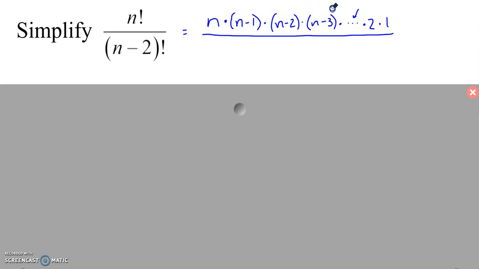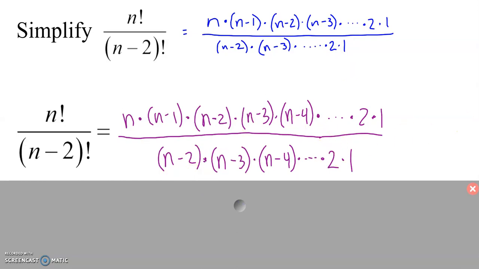But this is the general way that you write this out. And then you have to do the same thing on the bottom. For this one I start with n minus 2, and then the next number I multiply by is 1 less than that, which would be n minus 3. And then the number I multiply by is 1 less than that, and so on and so on, all the way down to times 2 times 1.